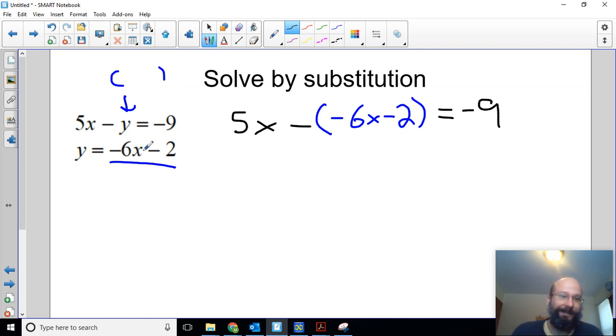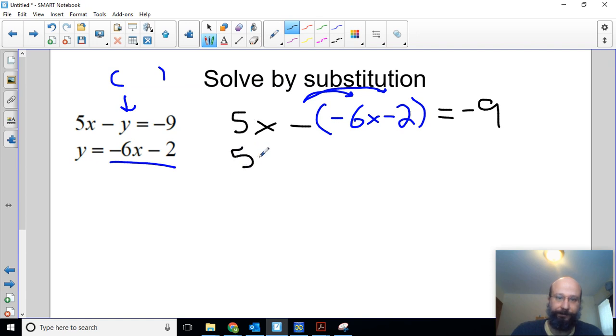It's the same thing, except instead of one number to put in for y, you have to put this whole thing in parentheses. Make sure you put it in parentheses and make sure you keep whatever this sign is right here. In this case, it's negative, which is important because we need to eliminate this parentheses. So we're going to distribute this -1 to everything in the parentheses.